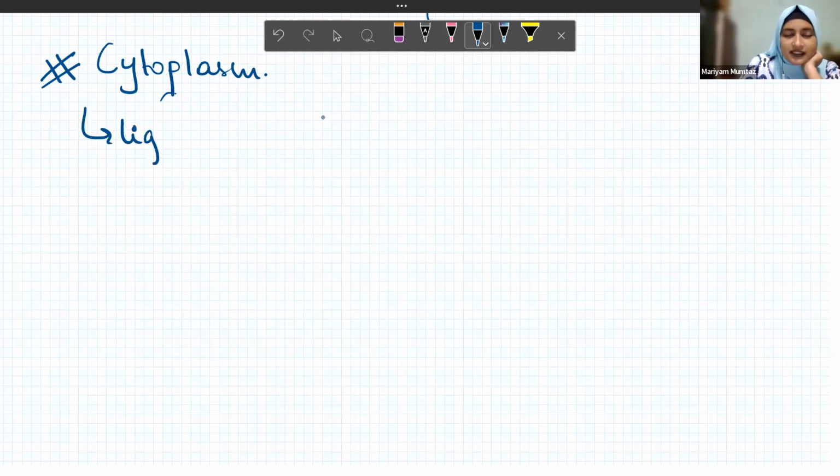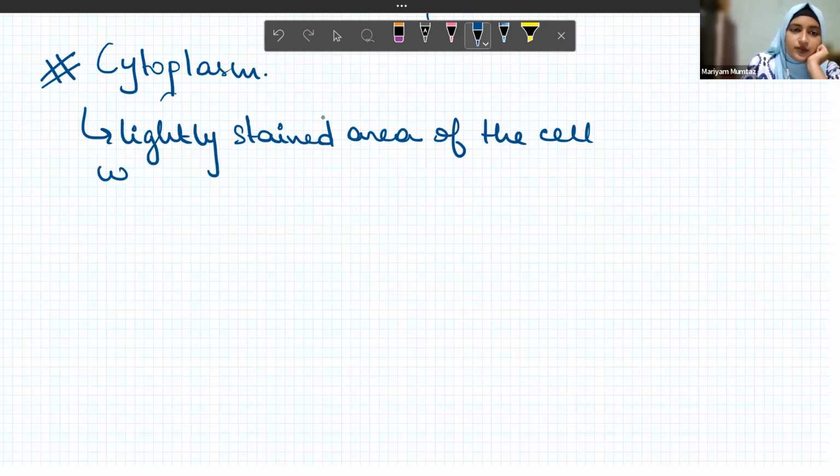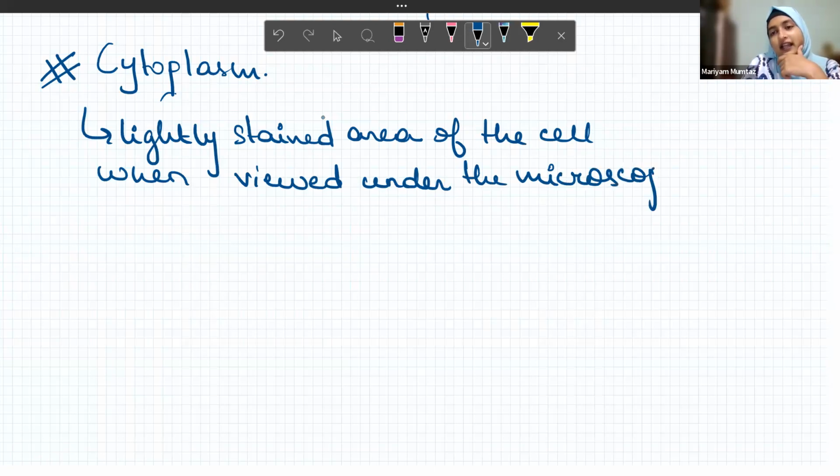So you'll write it: the lightly stained area of the cell when viewed under the microscope.